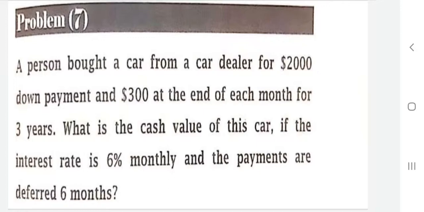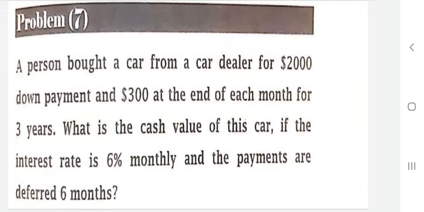The cash price will be equal to the down payment plus the present value of this deferred payment. So the down payment equals $2,000. We need now to calculate the present value of the deferred annuity of $300.